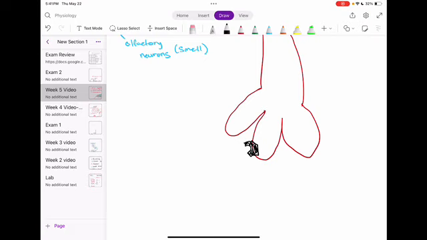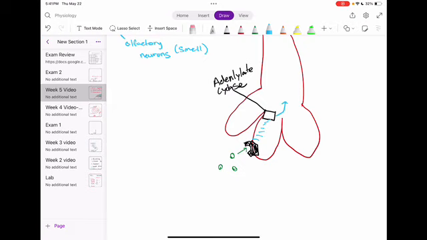We have a section here called adenylate cyclase. And so once one of these particles comes up and binds, it sends forth a signal and activates adenylate cyclase.